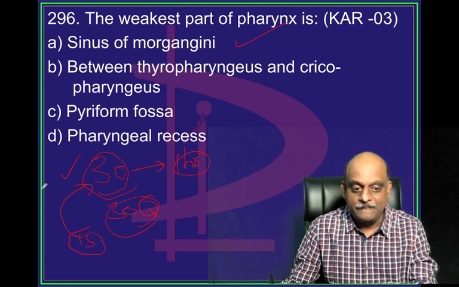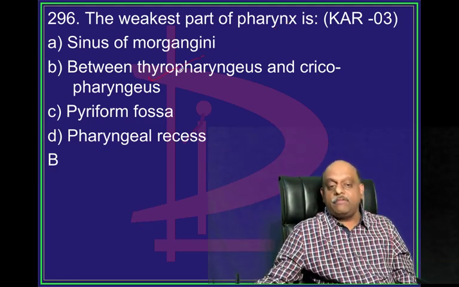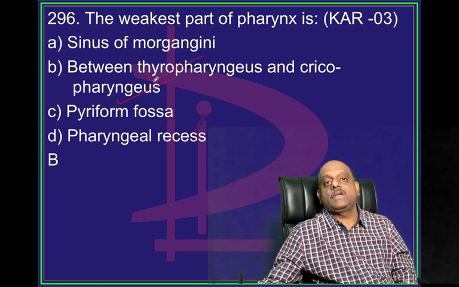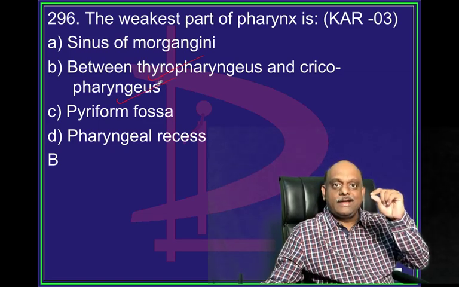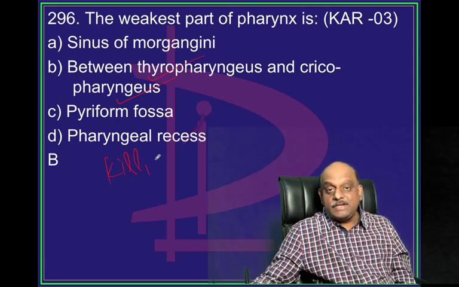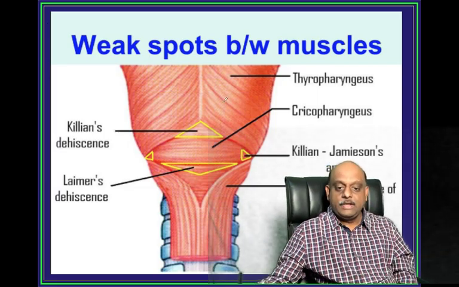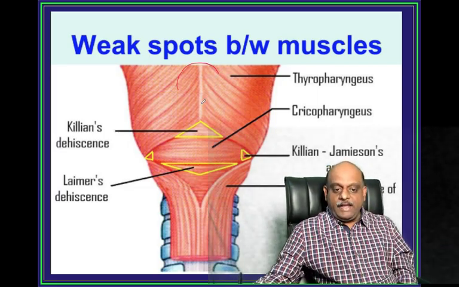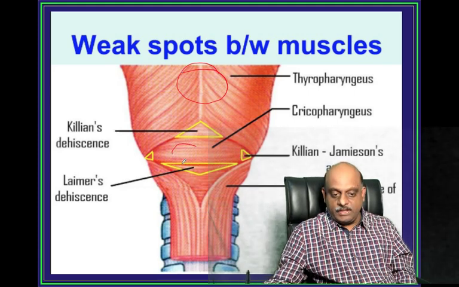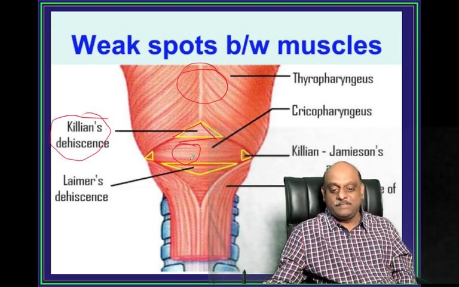That's right. Now, doctor, between Thyropharyngeus and Cricopharyngeus, you have the weakest part of the pharynx, which is called Killian's dehiscence, is what you need to remember. Now let's look. This is the Thyropharyngeus. Here you have the Cricopharyngeus. Between the two, you are having the Killian's dehiscence.